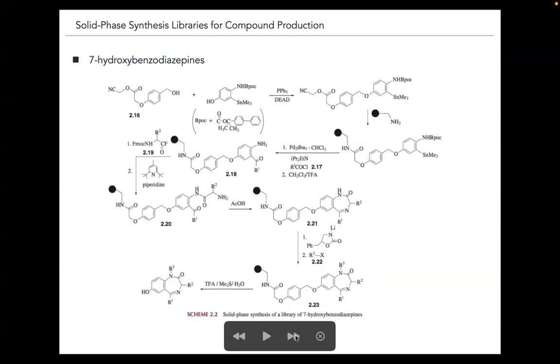But oftentimes what we'll do, from a medicinal chemist standpoint, so the synthetic end, is we'll start with a molecule. This is in creating a library of molecules. You start with a molecule, you attach it to a bead, and that bead is what you use for purification. So for example, this molecule got attached to a bead right here, and then you can do the subsequent transformations.